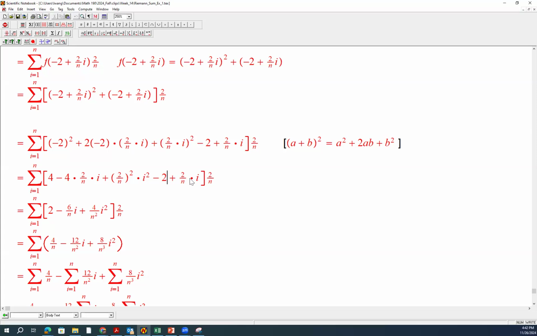This piece and this piece are like terms. So we got -6 over n times i, plus, when we're squaring this part, we get 4 over n squared times i squared. So by this time, I was just processing the inside of the bracket.